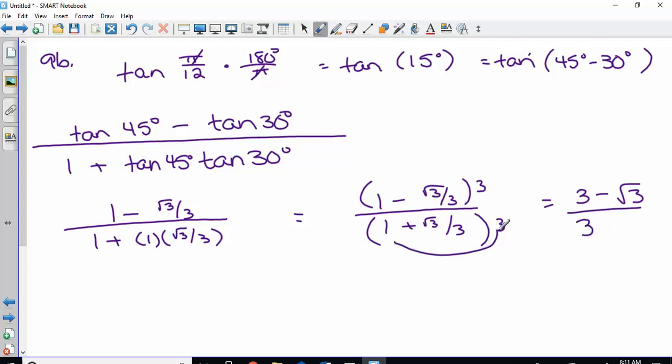The bottom 1 times 3 is 3. Radical 3 over 3 times 3 is radical 3. So 3 minus radical 3 over 3 plus radical 3. Is that okay?